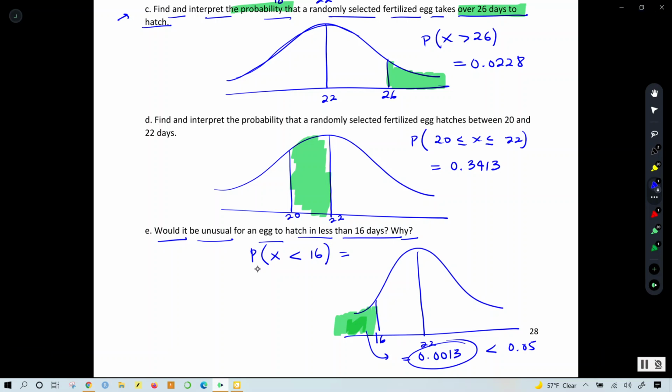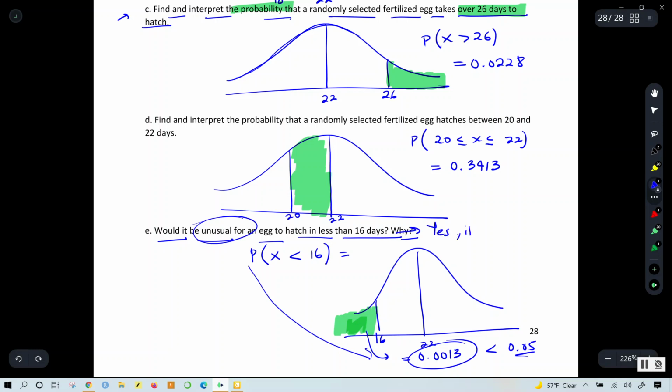Any probability that is less than 0.05, in this context, indicates an unusual event. So the answer is yes, it is unusual because the probability is less than 0.05.